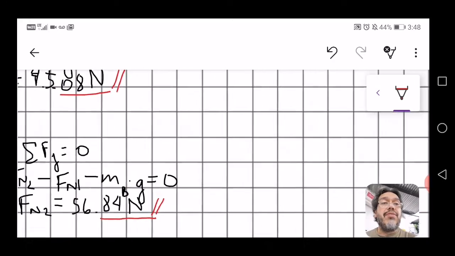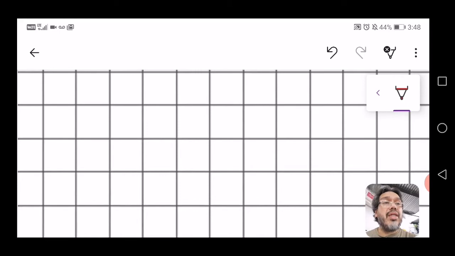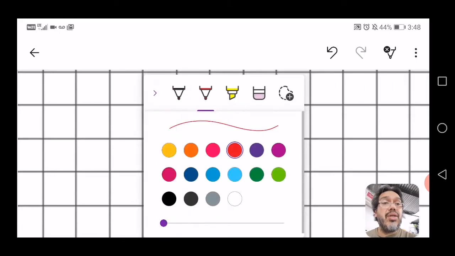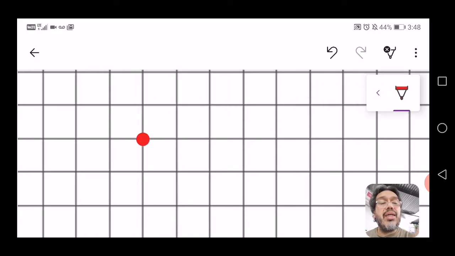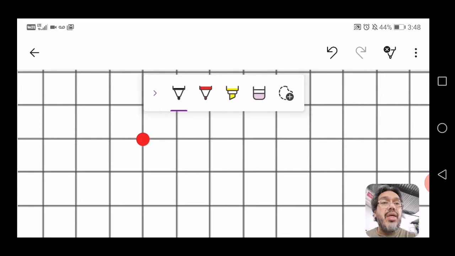Finally, if you want to consider the free body diagram for the bottom block, the orange one, you need to think that in a parallel situation, there are three forces acting.